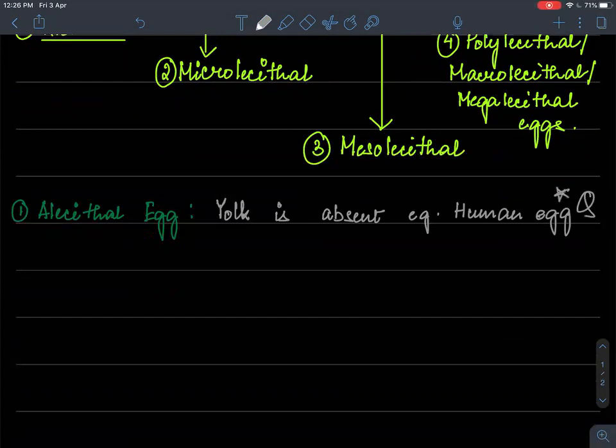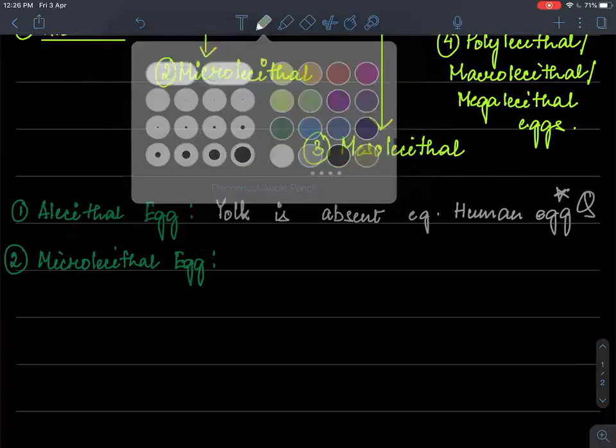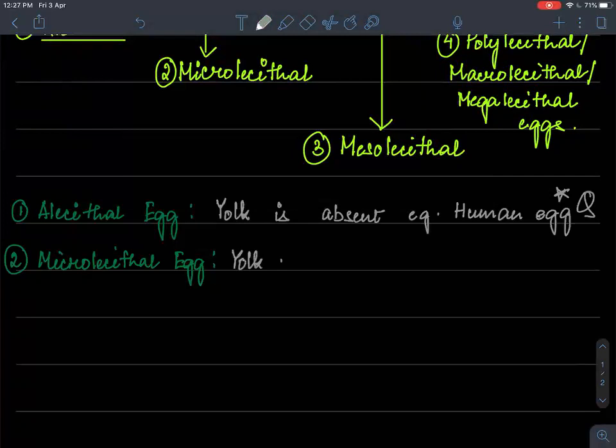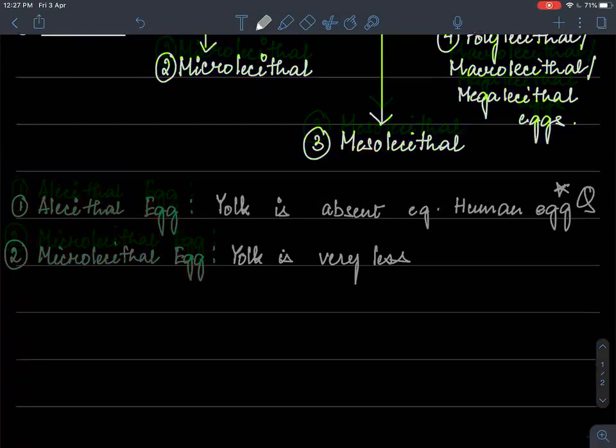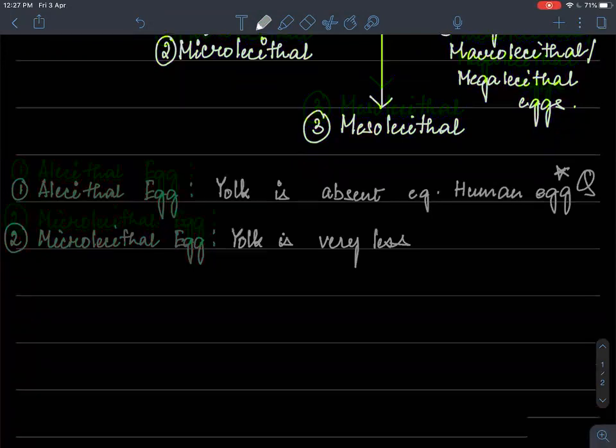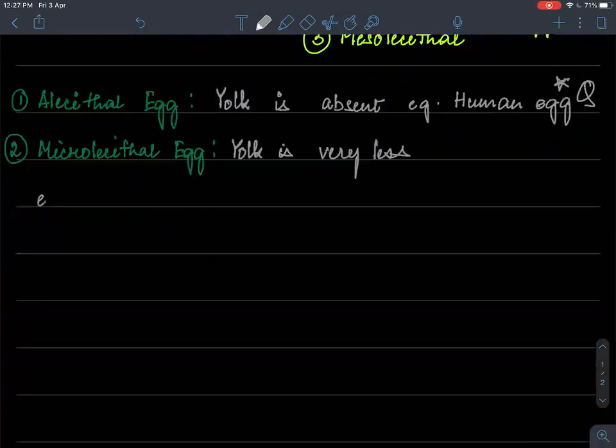Then number 2, microlecithal egg. The amount of yolk is very less. As for example, the egg of Amphioxus, Eutheria.